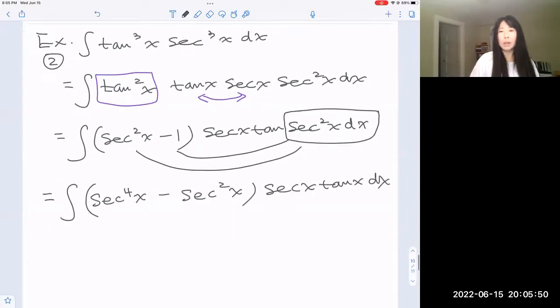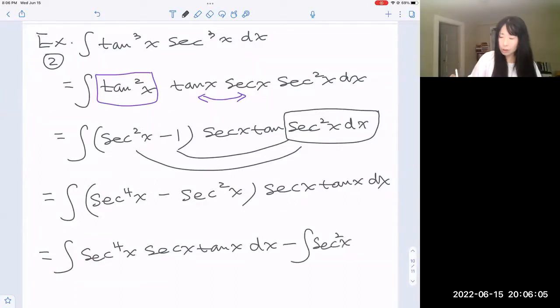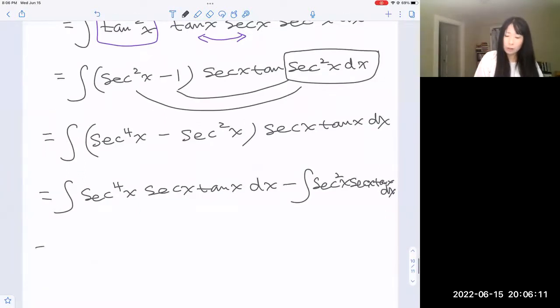Now, let us make a term by term for the integration. So we have a secant to the fourth power, secant x, tan x, dx, minus secant square x, secant x, tan x, dx. All right, so we have experience.